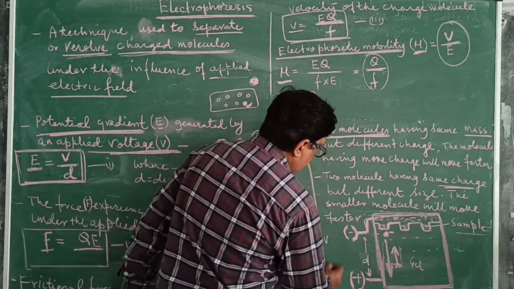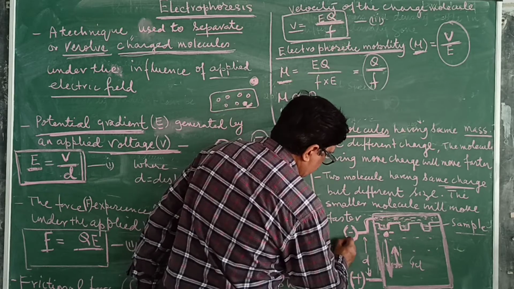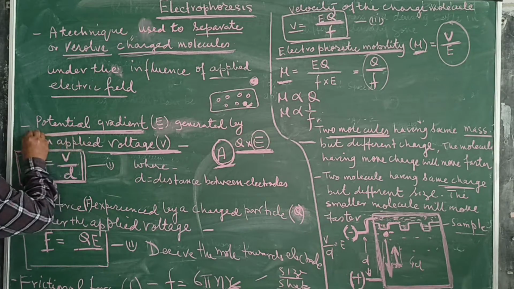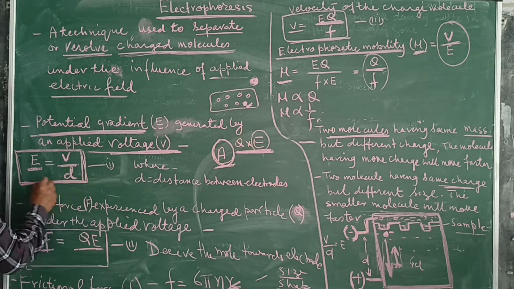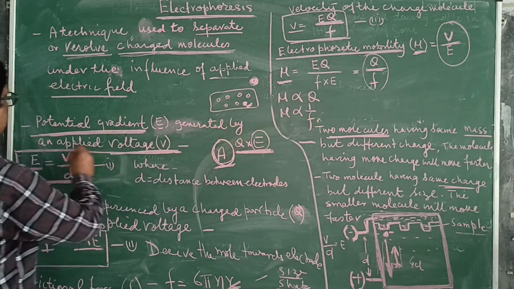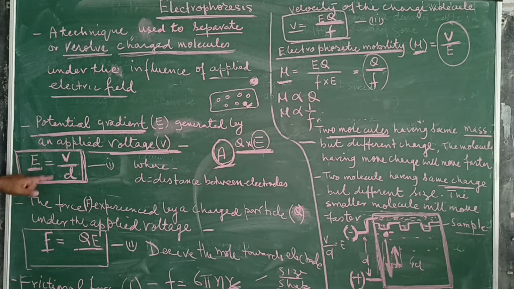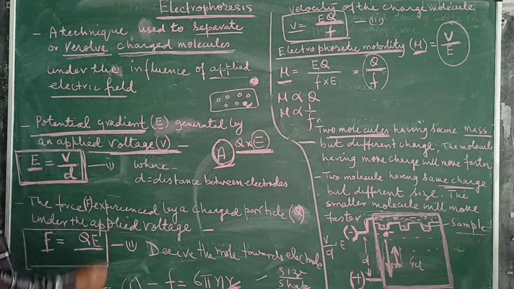That voltage gradient, a potential gradient, is known as E, and it is expressed as E is equal to V by D. Here V is the voltage applied and D is the distance between the two electrodes.